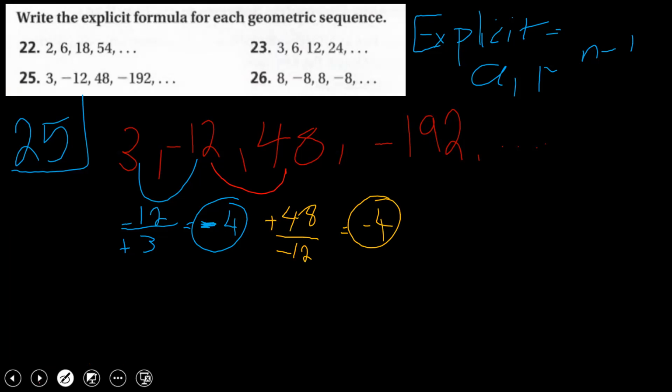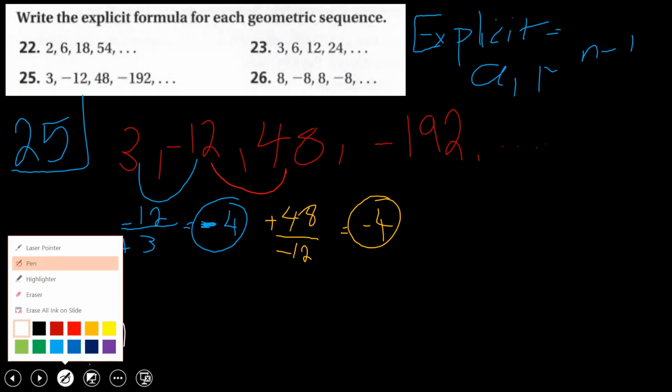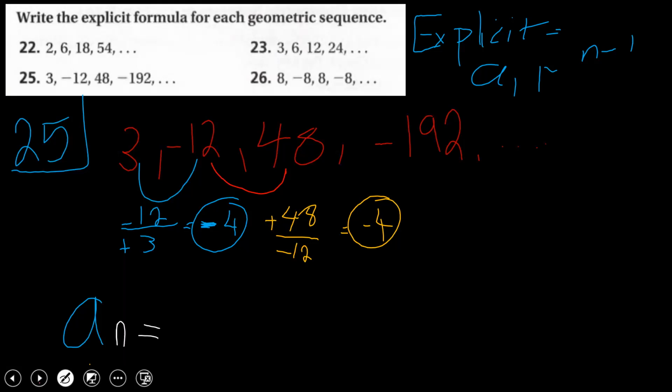Then I will say that the explicit formula will be A sub n is equal to A sub 1, which is 3, times r, which as we said is negative 4, raised to the power n minus 1. This will be an explicit formula for number 25: A sub n is 3 times negative 4 raised to the power n minus 1.